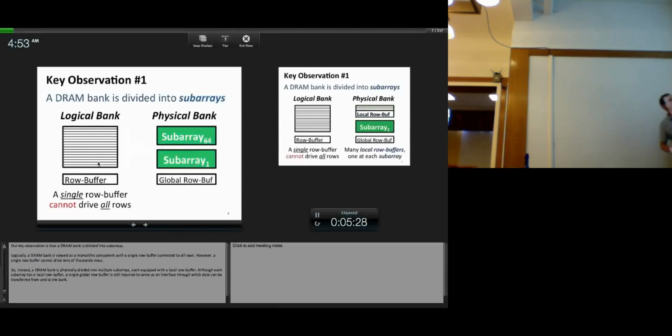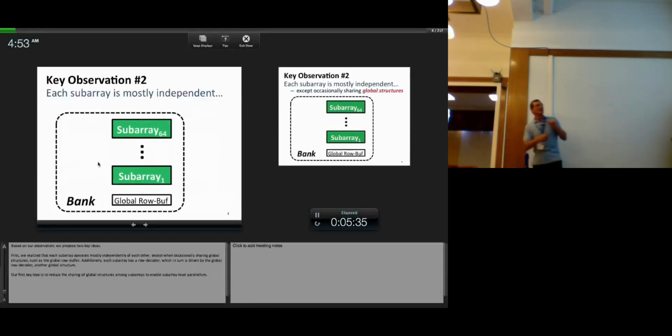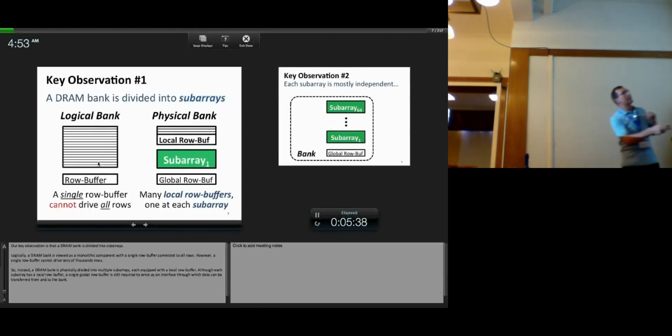So DRAM is actually divided into subarrays physically. You have a bunch of subarrays, each having their own local sense amplifiers, local row buffers. What this enables is you have smaller short bit lines called local bit lines. So when you read a row, what happens is the row is activated and the bit lines start driving this local row buffer, local sense amplifier, and you sense the entire row within that subarray.